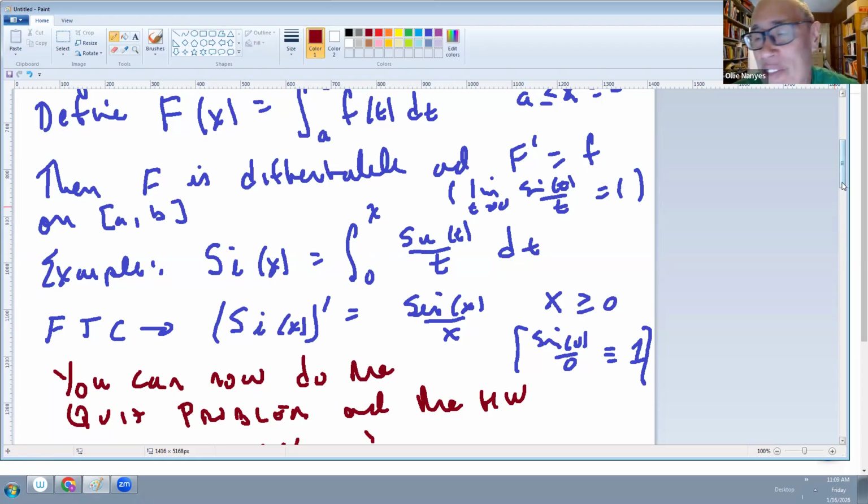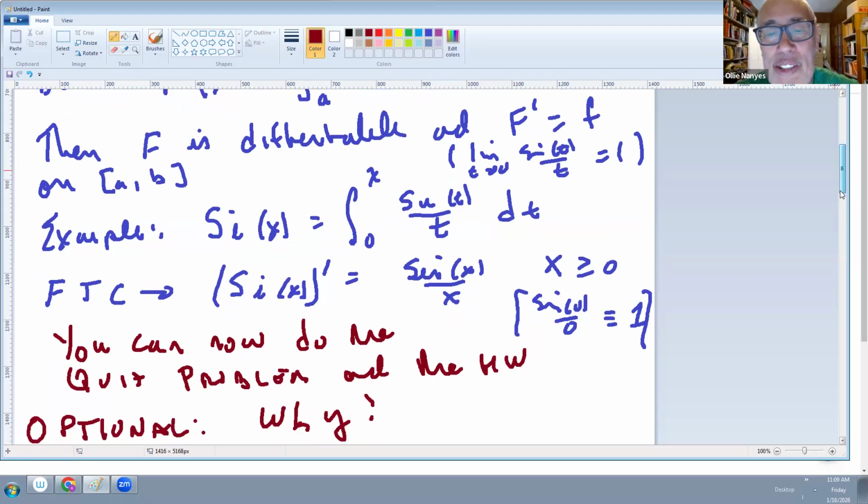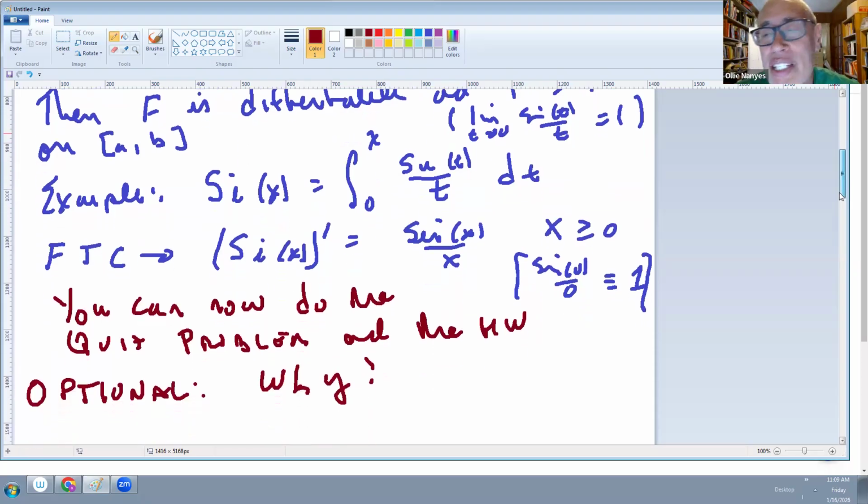There is a technical definition of that which will take us too far afield. We're not going to get into differential Galois theory. But you can't integrate this by your standard calculus 2 techniques. You need special stuff, or you need to take a series or something else.